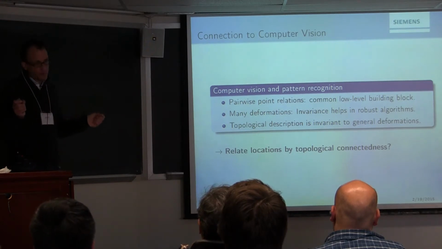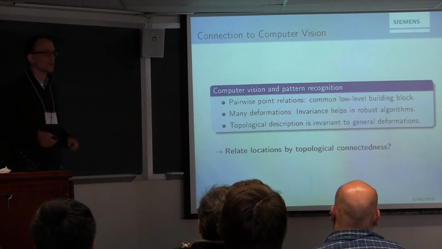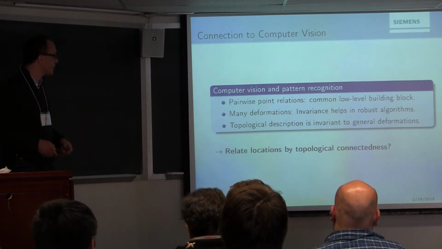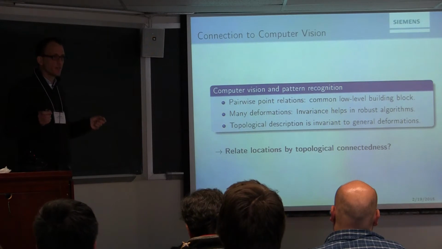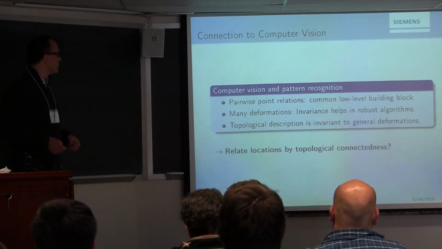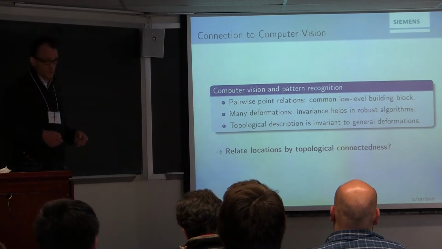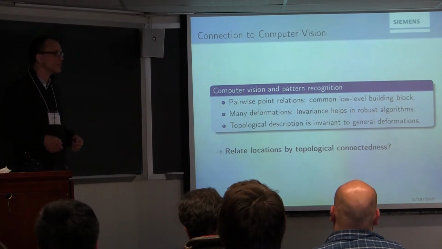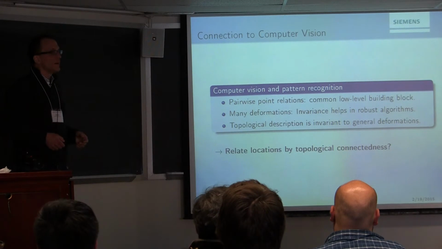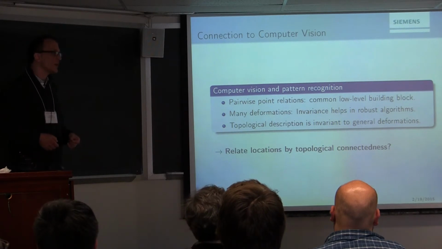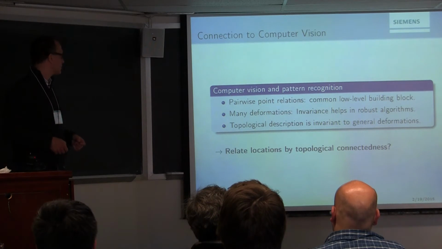This is not true for all algorithms, certainly, but for a significant large chunk of them. So this is a basic building block in building higher level algorithms. And certainly then you have deformations in true signals. So having an invariant representation instead of the Euclidean distance may be a valuable tool.